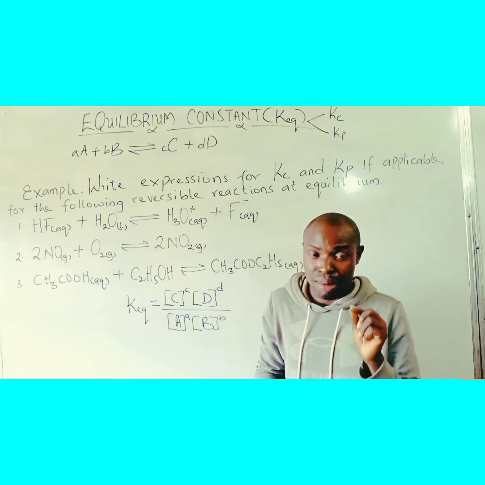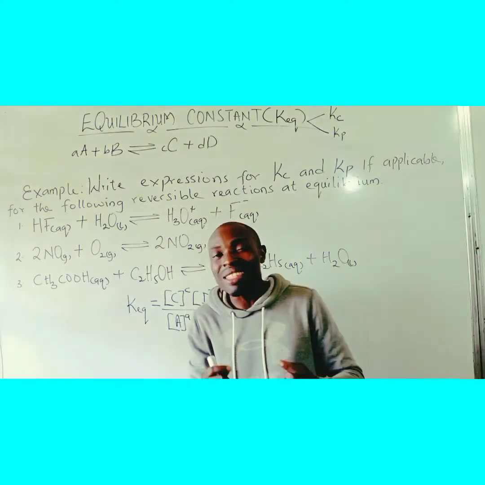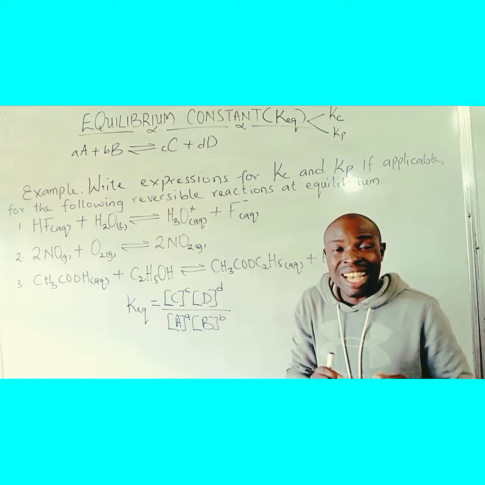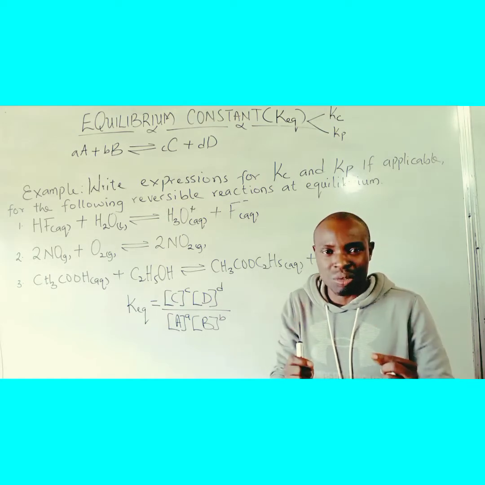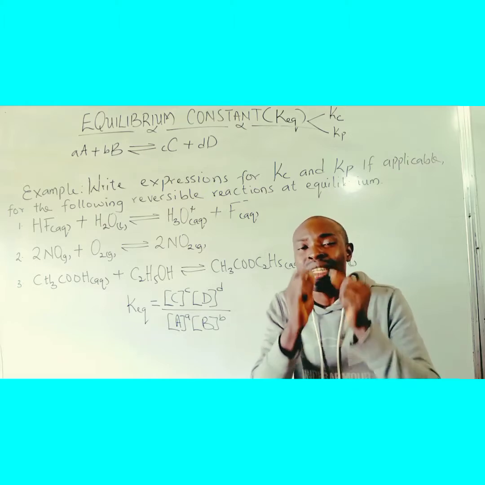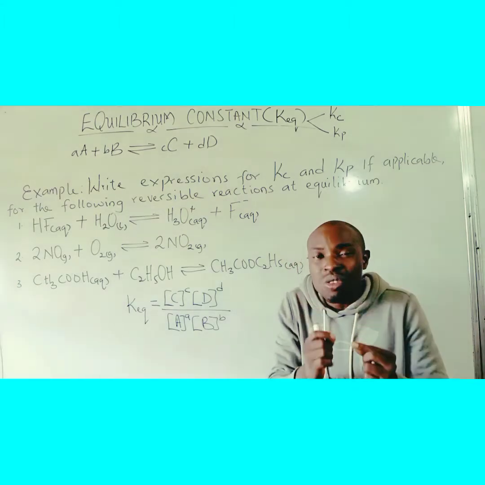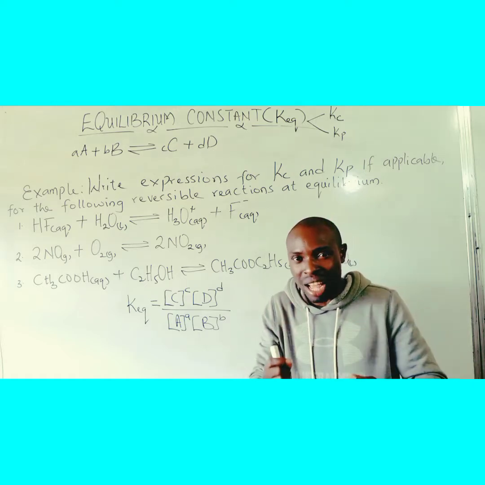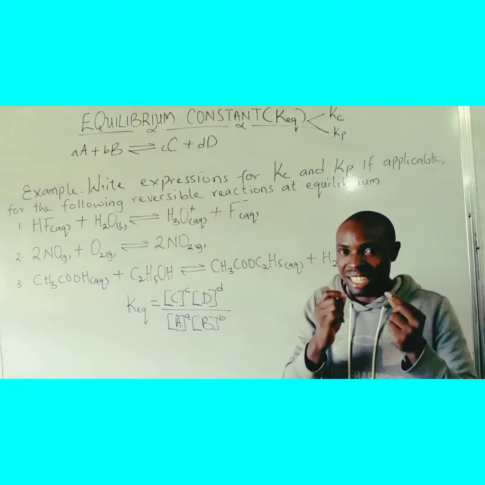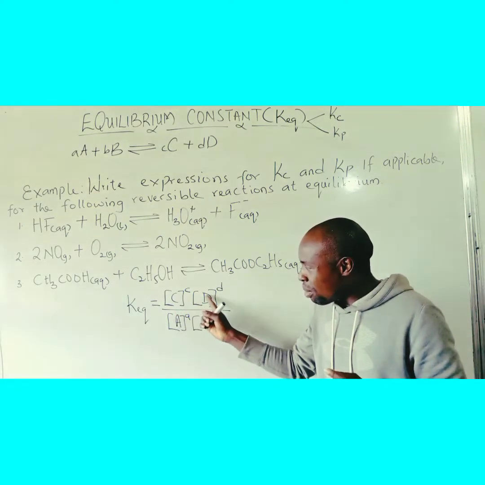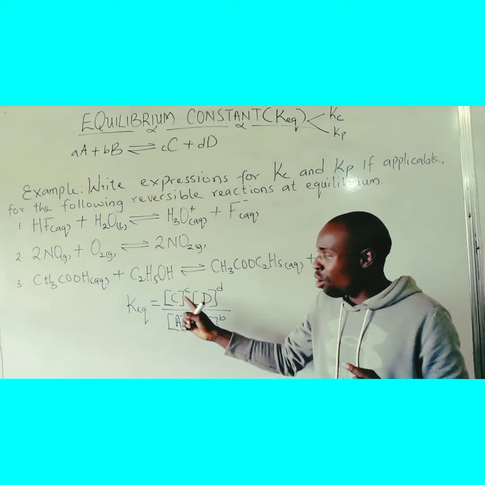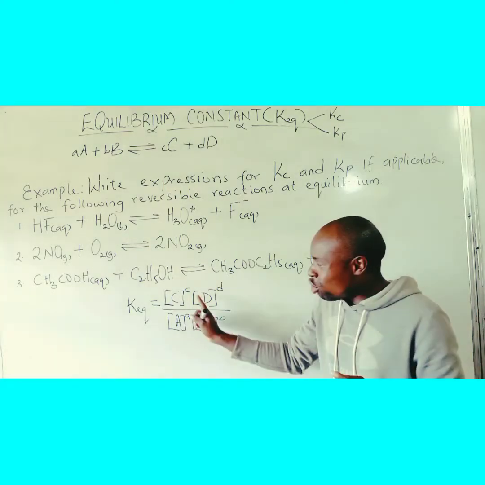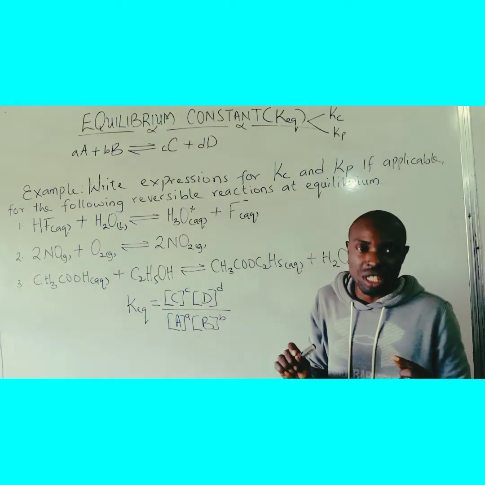And take note, remember we talked about that the chemical equilibrium constant is a mathematical expression of the law of mass action, and that the law of mass action simply states that at constant temperature, the rate of a reaction is proportional to the active masses, and the active masses are what is represented on the board as the concentration of the reacting substances raised to the power of the stoichiometric coefficient.